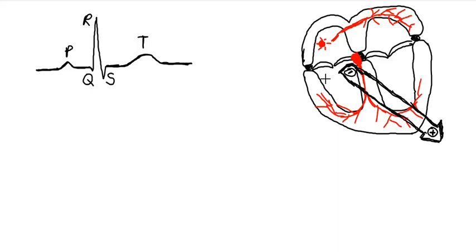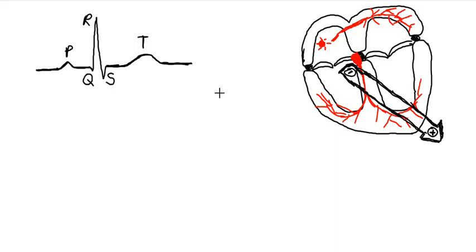positive charges moving towards a positive electrode. Let's say here is the electrode, we call it the exploring lead. You have heard about lead 1, 2, 3, AVL, AVR, etc. These are exploring leads. We place it here and it senses the electrical activity of the heart. So a positive impulse traveling towards the positive electrode will produce a positive deflection and thus a positive wave.